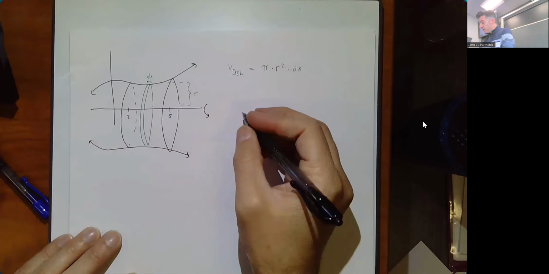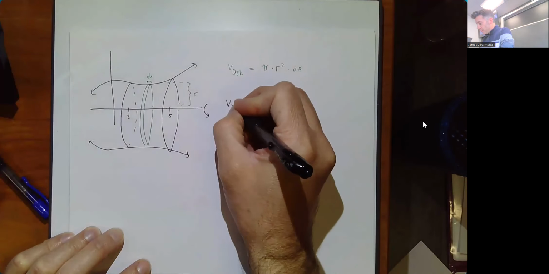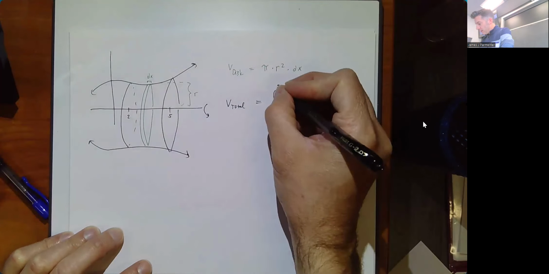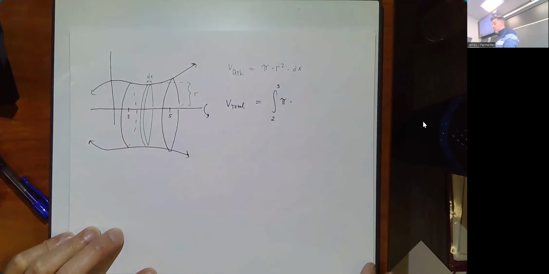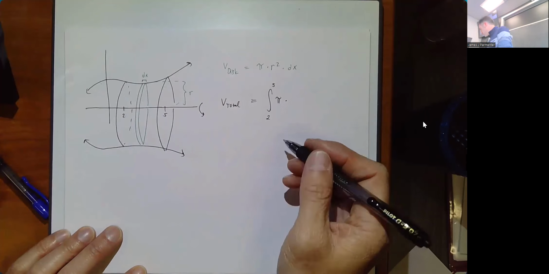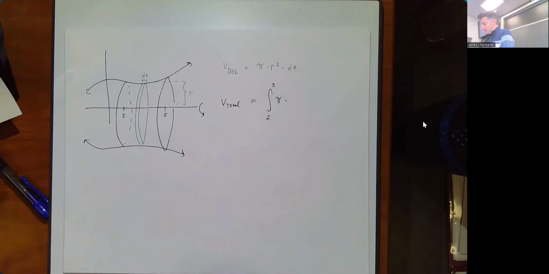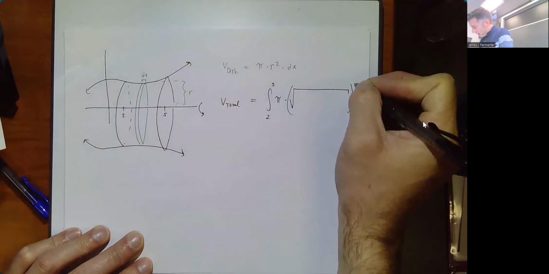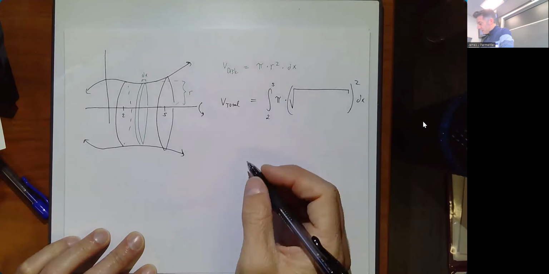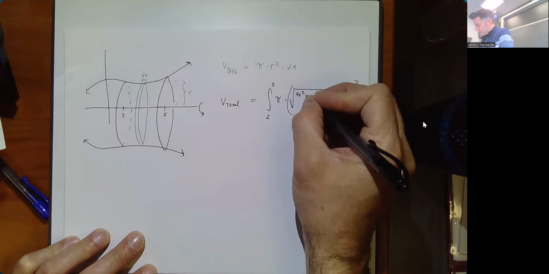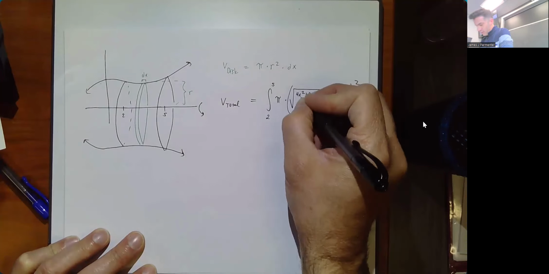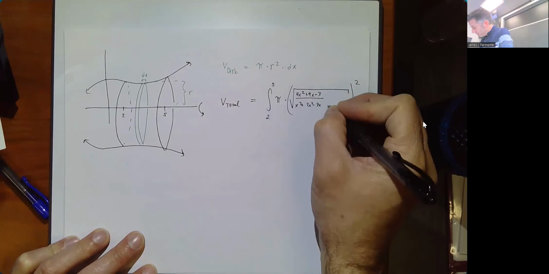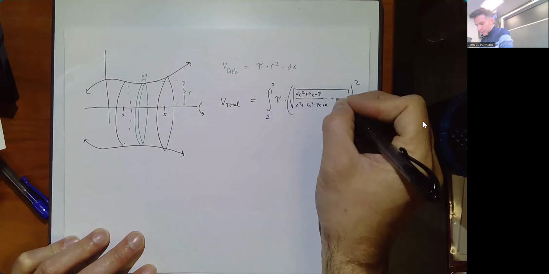So if I was going to find the volume, the total volume is just going to be the integral from x equals 2 to x equals 5 of pi times our radius squared. But our radius is our function, which I wrote over there. Our radius is the square root of all that stuff squared: 4x squared plus 9x minus 3 over x cubed plus 2x squared minus 7x plus 4, plus 2x e to the x squared.